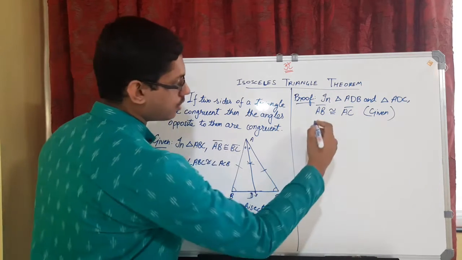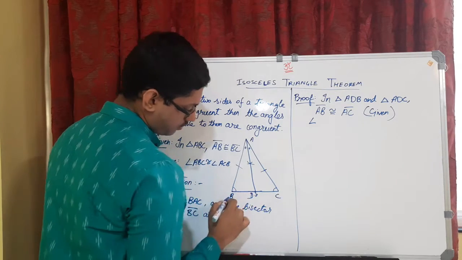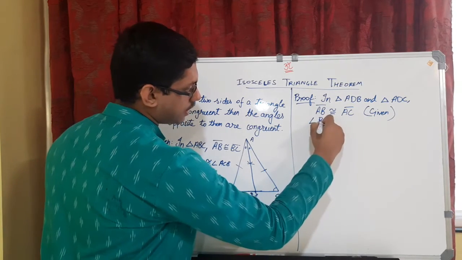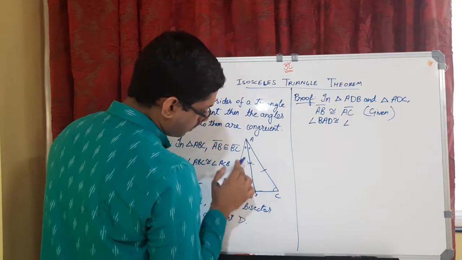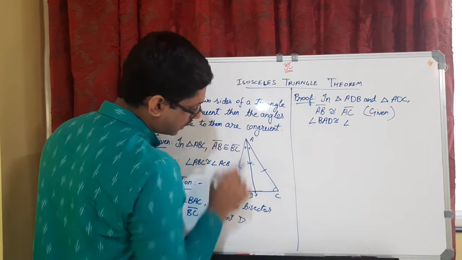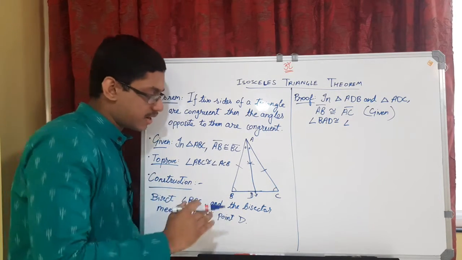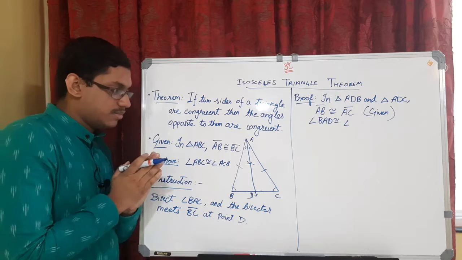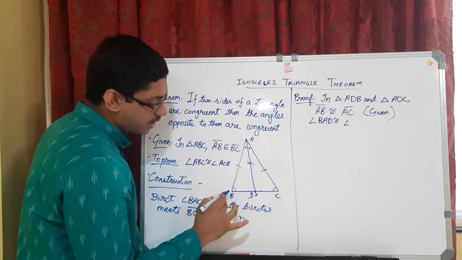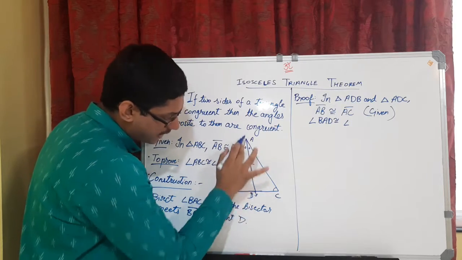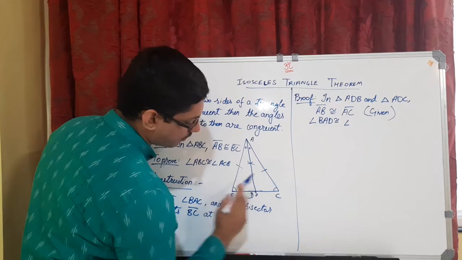Okay, so now angle BAD is congruent to angle CAD. See, try to do it in a similar manner or in a mirror fashion. BAD, what is its mirror image? Means just the reflection.